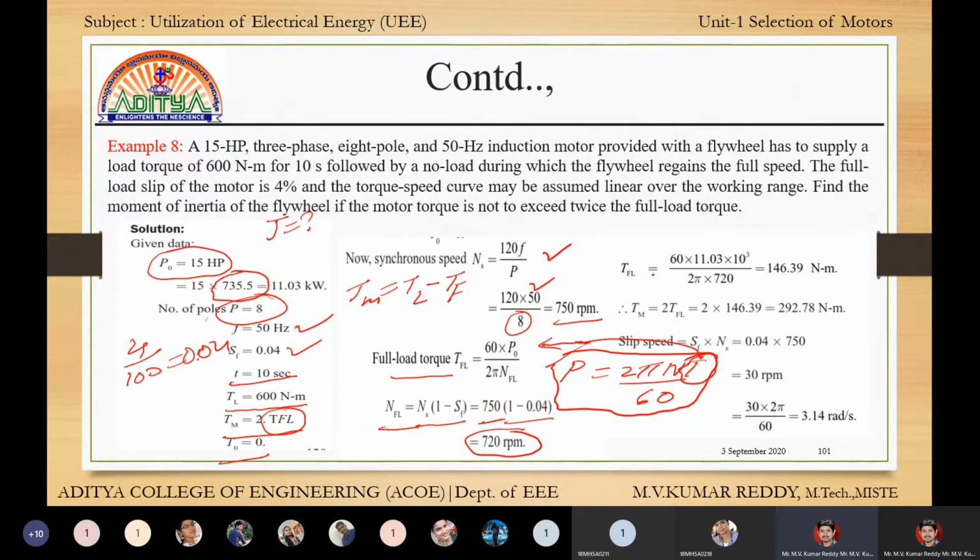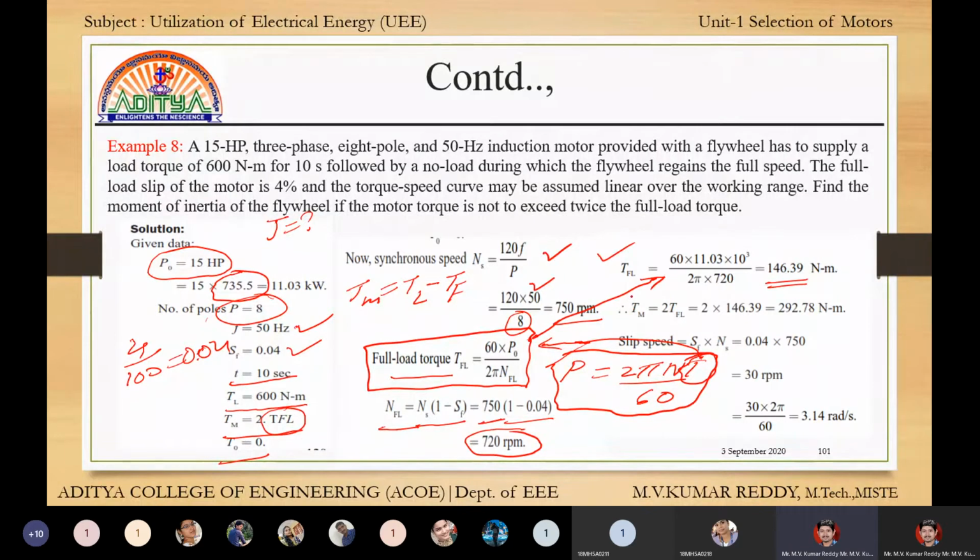From that we find the full load torque, T equal to 60 P naught by 2 pi N. Substituting, the full load torque is 146.39 Newton meters.